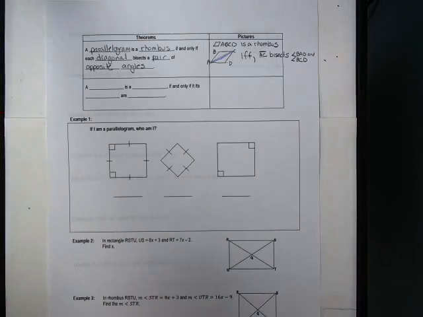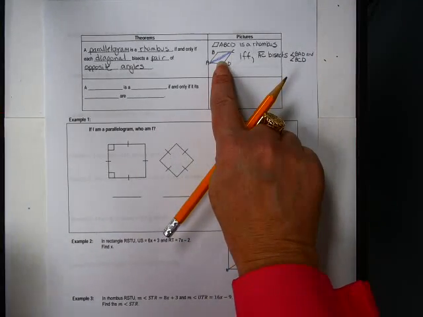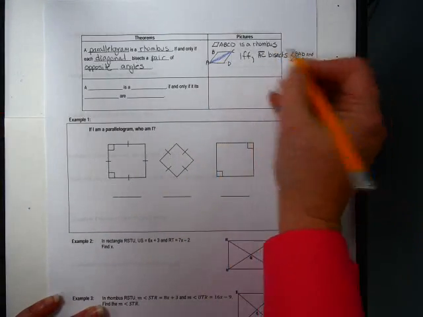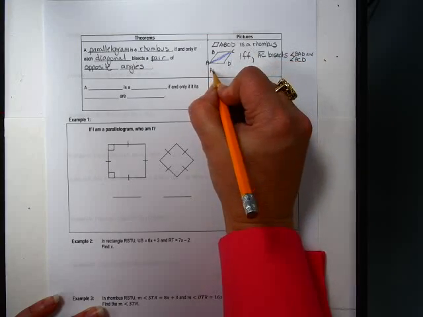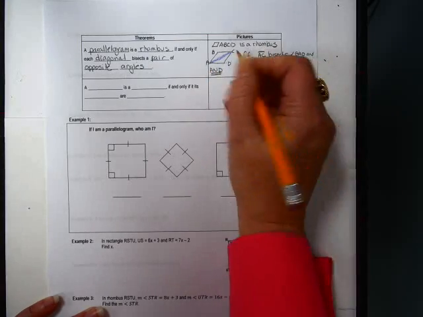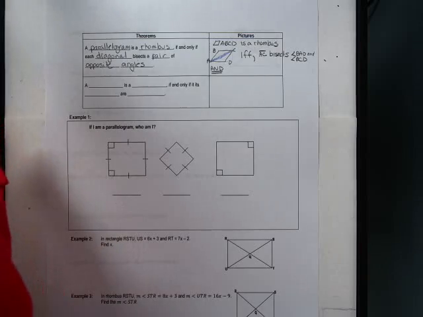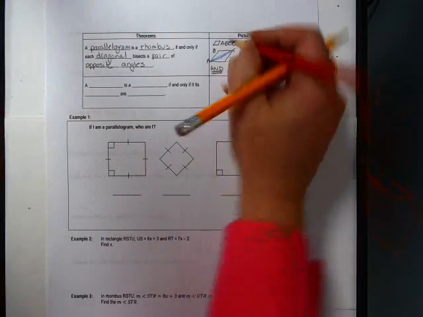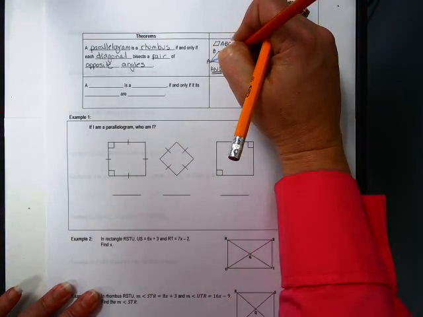Okay, well, we have two diagonals, so there's the first one, AC, and we have BD. So here's this one, BD.